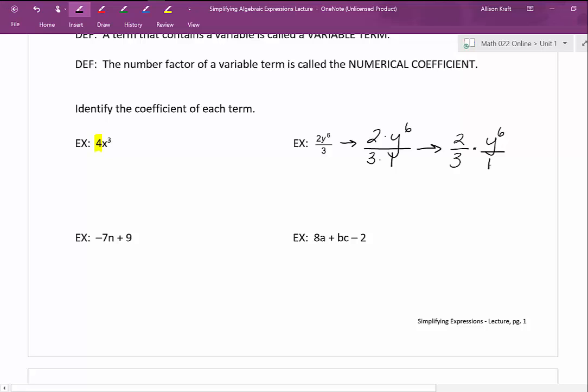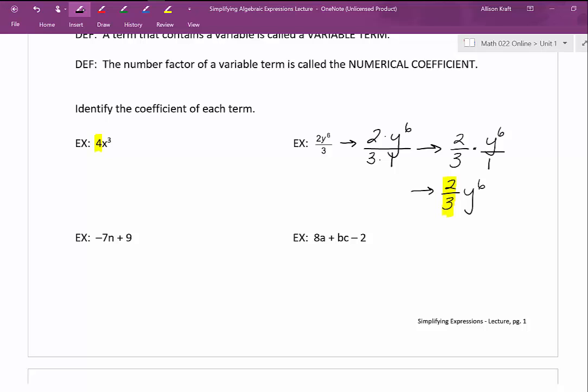Y to the 6th over 1 can be simplified to just y to the 6th, which gives us 2/3 times y to the 6th. The coefficient is the number factor, and the number we're multiplying by is 2/3.